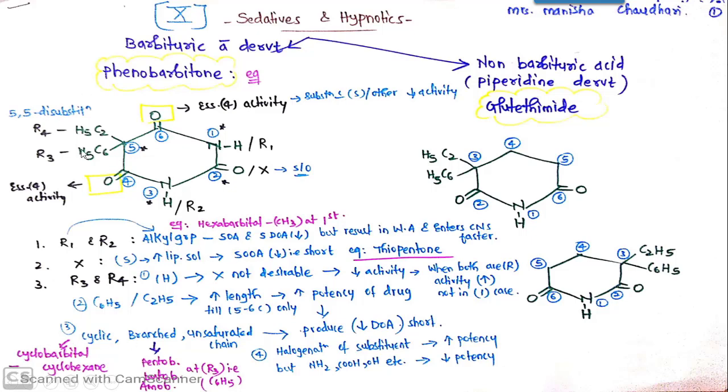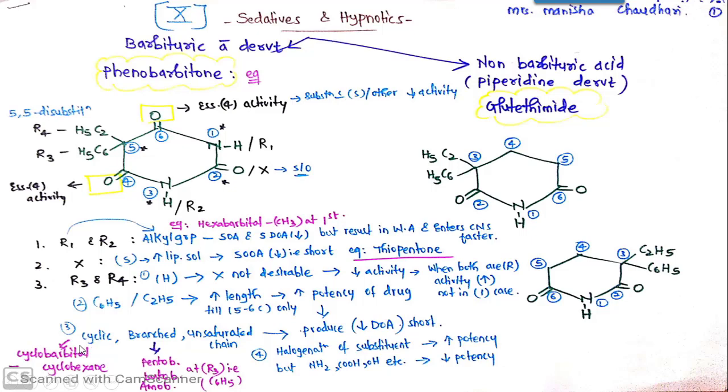These substituents can also be in the form of cyclic form, branched form or unsaturated chain form. The example for cyclic form of barbituric acid derivative, containing this alkyl substituent, that is 5,5 disubstitution, you can call it, since it is at 5th position.